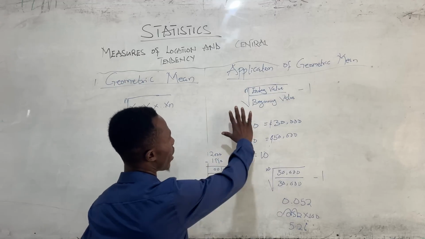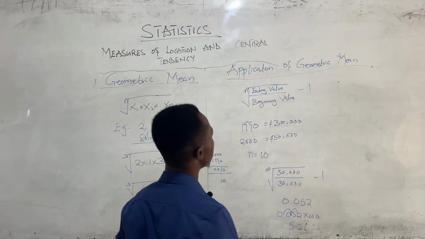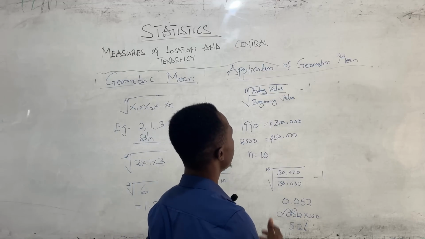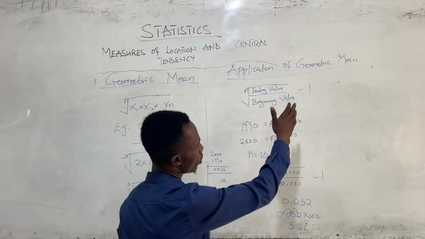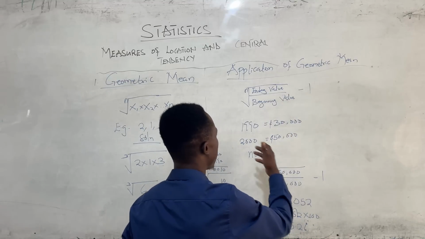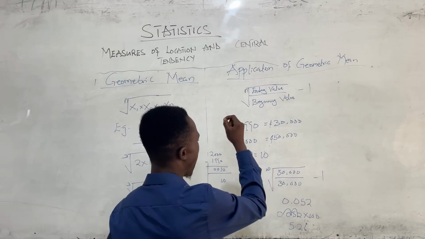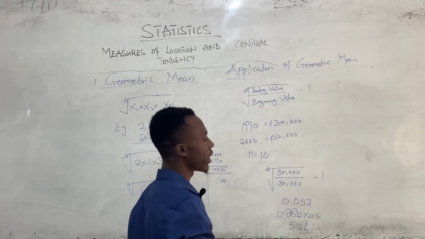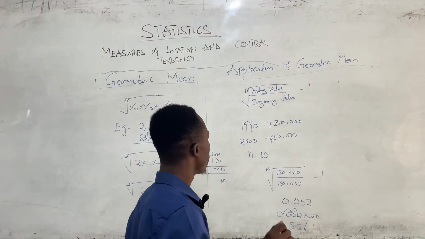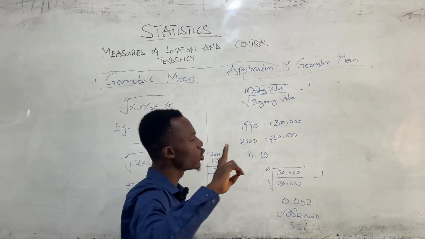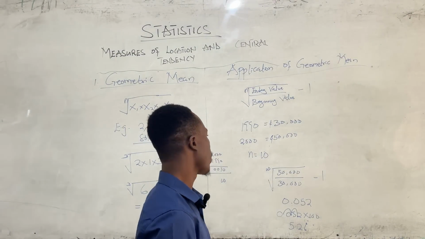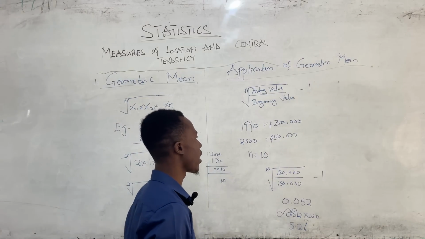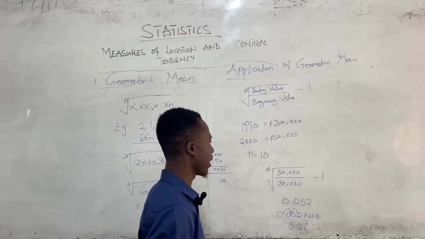Okay. So this is the application of geometric mean. Just have it in mind. You have your formula which says ending value over beginning value, all minus 1. Do you get it? Then from the question, you look for n. Sometimes n will be given to you in the question, and also, if you are given 2 years, you have to find the range or the interval. That one becomes the n.